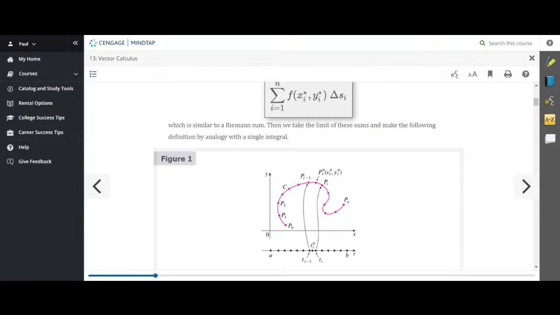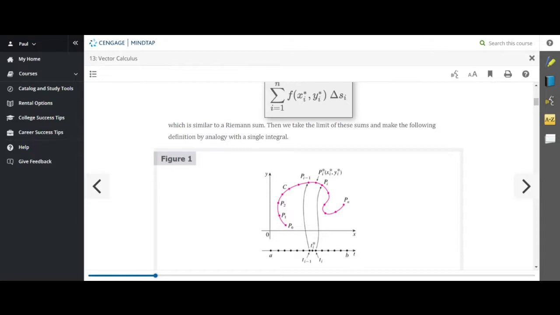Every point has an XY coordinate. Now, let's say there's a function of two variables whose domain includes the curve C. In other words, the function acts on all the coordinates in the XY plane, and those coordinates also include the points on the curve C.